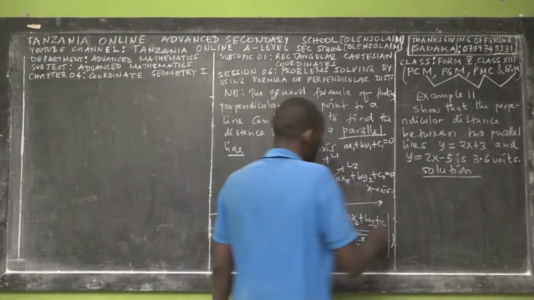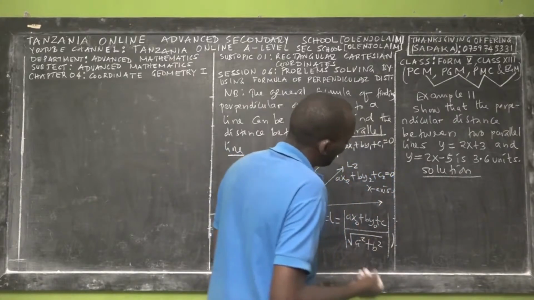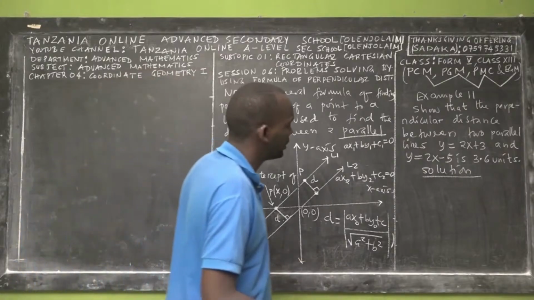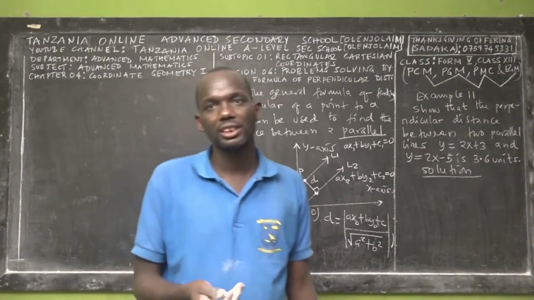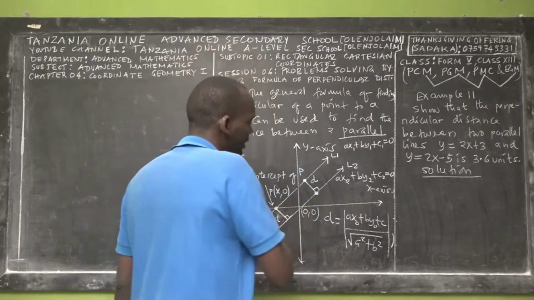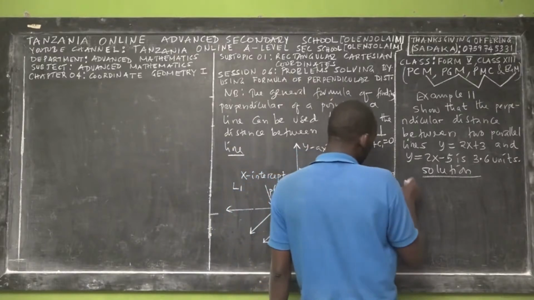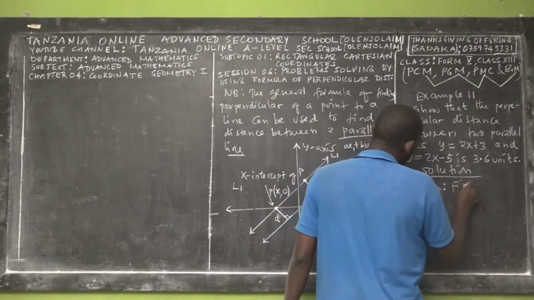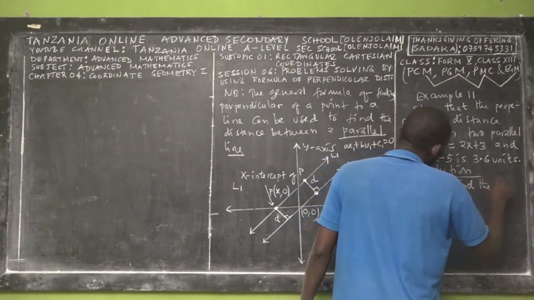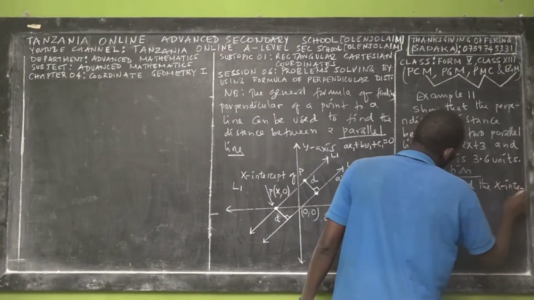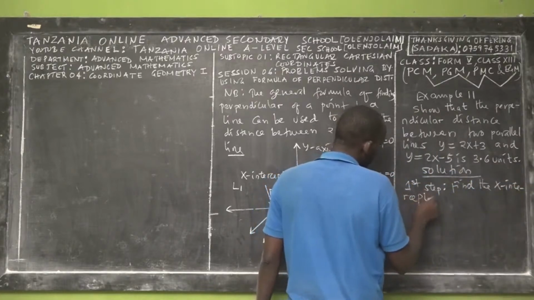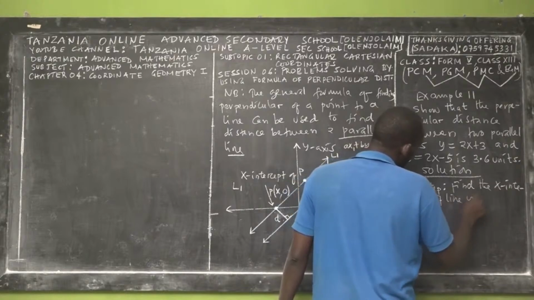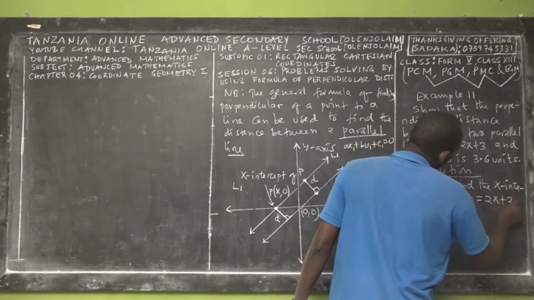Okay, so just see. Now we have two different lines. Remember that we can choose one line and find the x-intercept, and then also use the second line as a line. So the first step, find the x-intercept of the line y is equal to 2x plus 3.